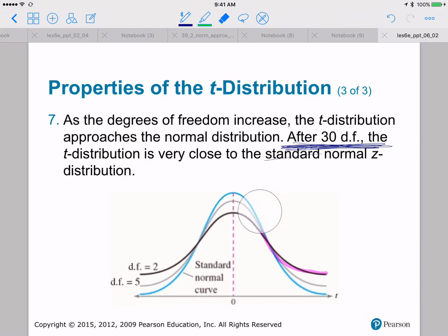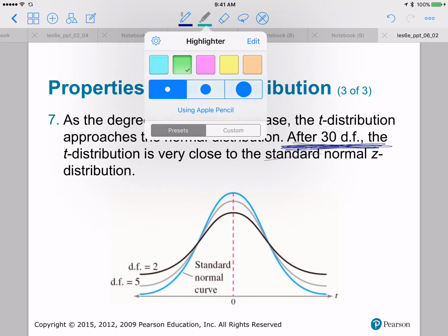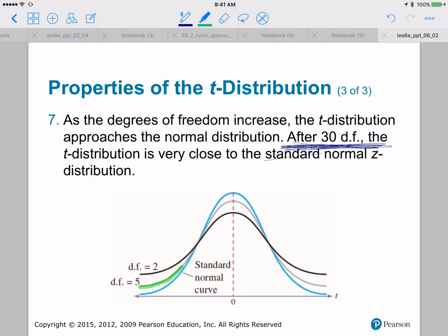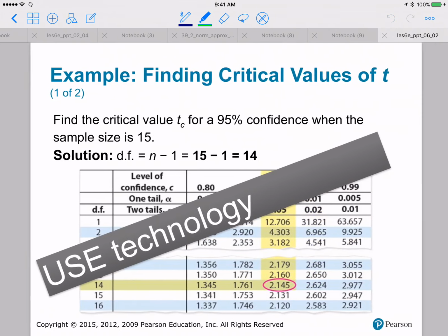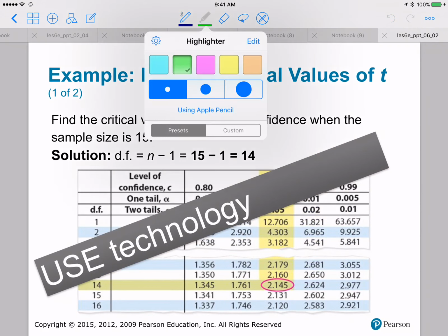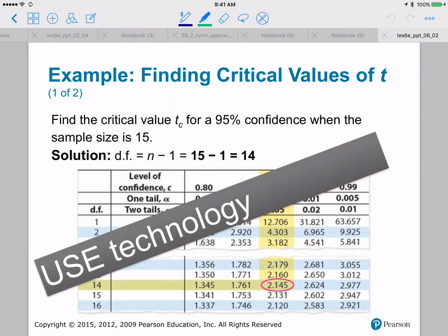But on the other hand, you can see that the tails are getting thinner as your degrees of freedom increase, right? And so when you've got a degree of freedom, sorry, greater than or equal to 30, now your tails are about the same thickness as the tail for standard normal.